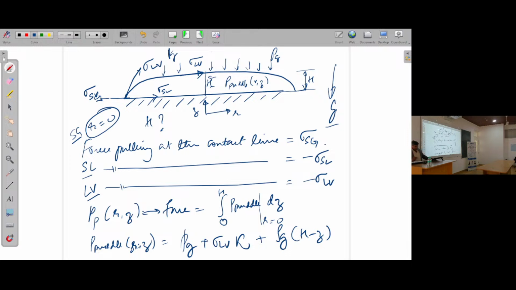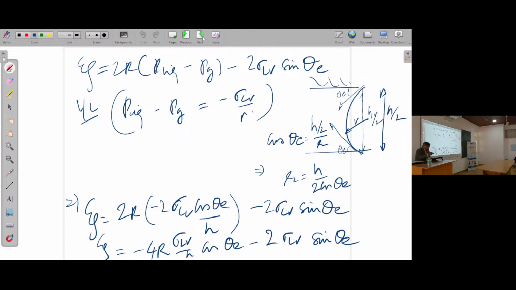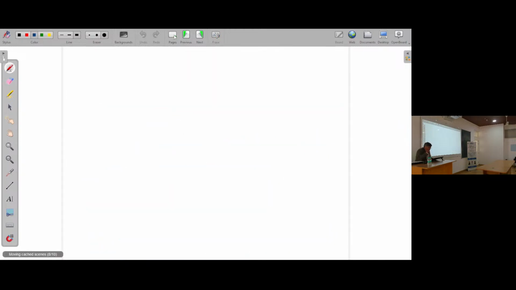Now, we're going to integrate this with respect to z to determine the total force on that system. So I'm just going to go to the next page. Oh, sorry, previous page. Okay, this one. So I can write the force by the puddle as the integral from 0 to h.